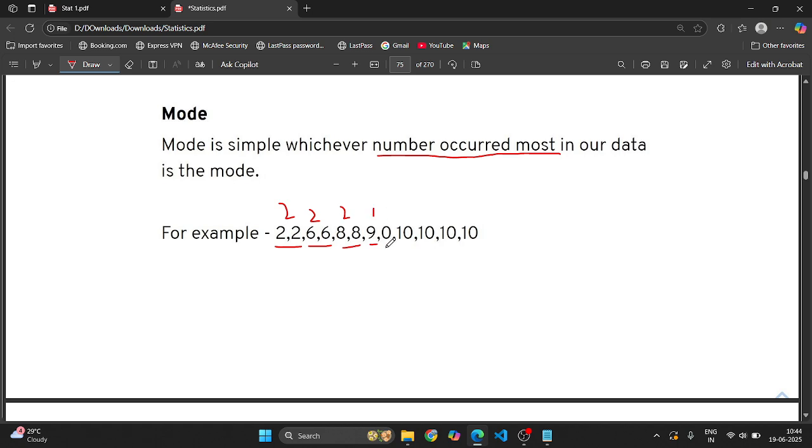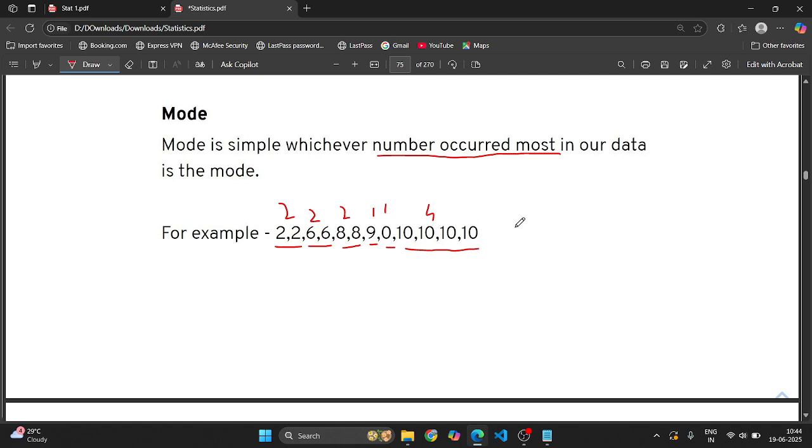And 0 is repeating 1 time. And 10 is repeating how many times? 4 times, correct.